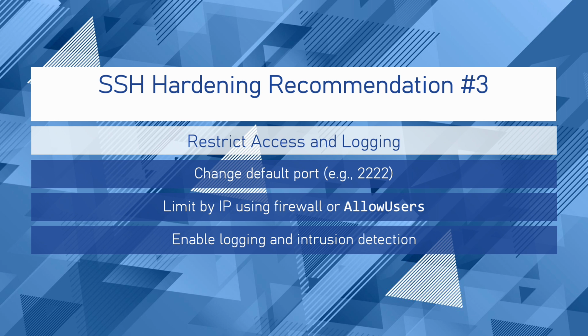Finally, enabling detailed logging helps identify and respond to suspicious login attempts. Administrators can review failed logins, monitor authentication patterns, and quickly spot brute force activity. Taken together, these 3 steps, disabling root login, enforcing key-based authentication, and restricting access, drastically reduce the attack surface of SSH. They're considered essential best practices for any secure server deployment.